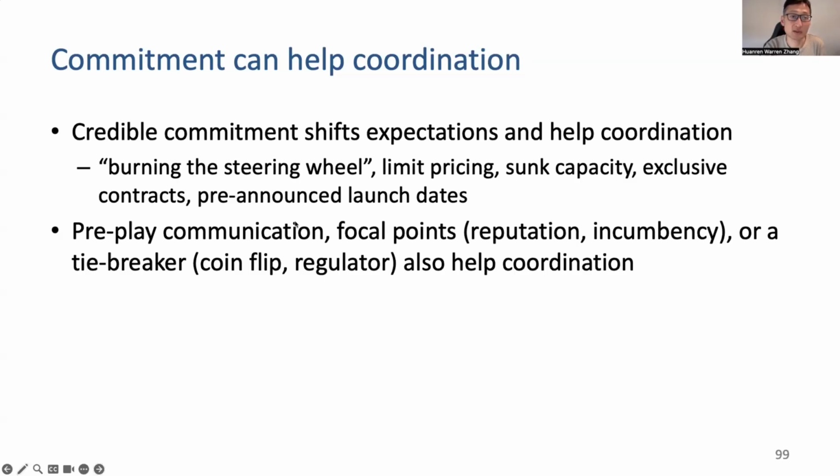So exclusive contracts and pre-announced launch dates are all commitment devices that can help the players achieve coordination. And also pre-play communication: if you are allowed to communicate with each other, that would definitely help. And previous experience like reputation, incumbency as focal points, or a tiebreaker like a coin flip or regulator can also help coordination, right? So that is the way to solve the coordination issue, okay?